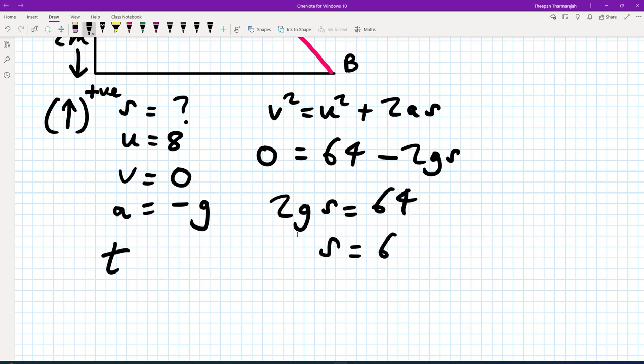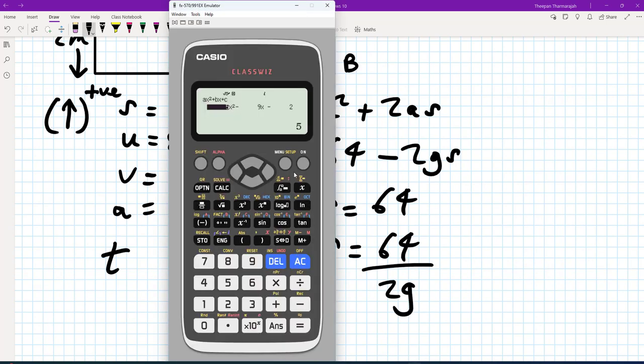So s is 64 over 2g. Let's get our calculator. 64 over 19.6 gives me 3.27.